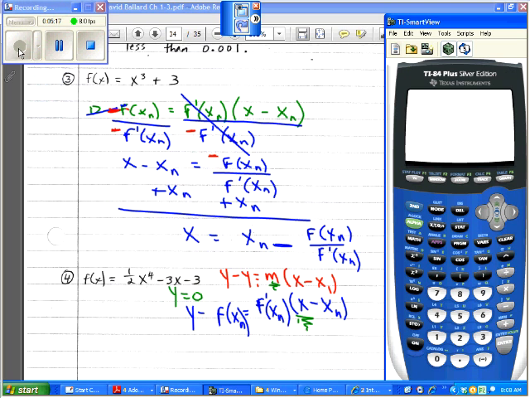I had to pause and go find it. Okay, so the value of the x is equal to x sub n minus f of x sub n over f prime of x sub n.